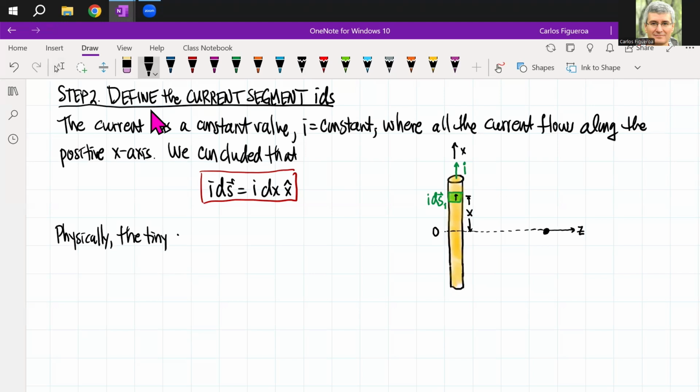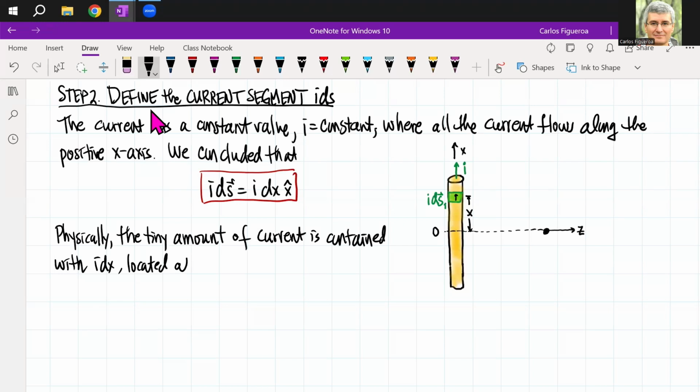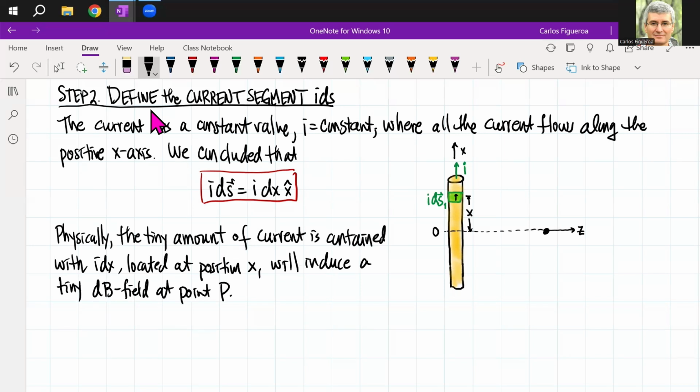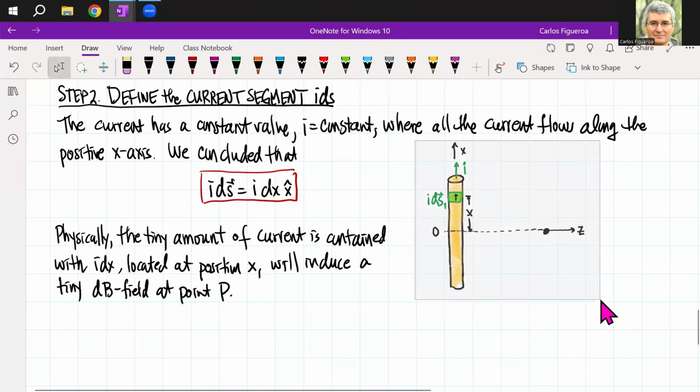The tiny amount of current contained within I dx, located at position x, will induce a tiny dB field at point P, at the observation point P. I'm going to need this guy, so I'm going to keep copying this guy.